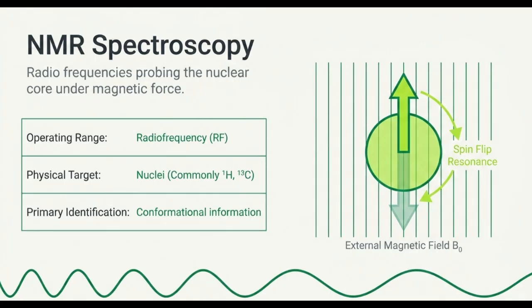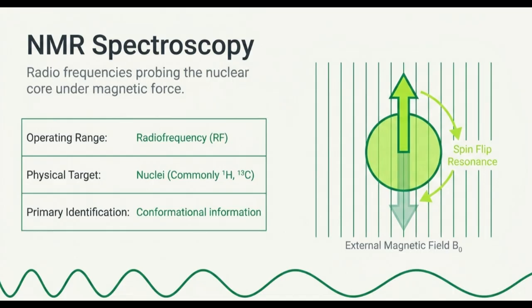Nuclear magnetic resonance spectroscopy, or NMR, is the most powerful structural tool in the pharmaceutical analyst's arsenal. NMR uses radiofrequency radiation to probe the atomic nuclei under the influence of a strong external magnetic field. The most commonly studied nuclei are hydrogen-1 and carbon-13.